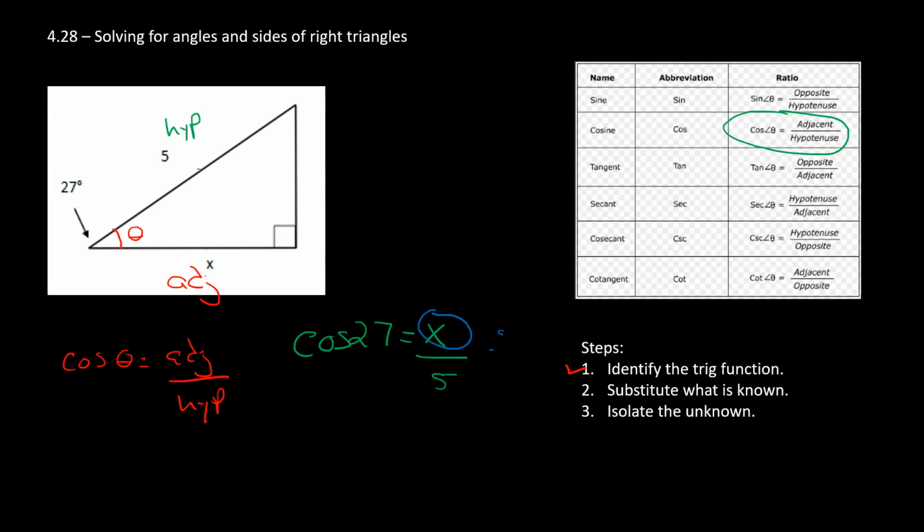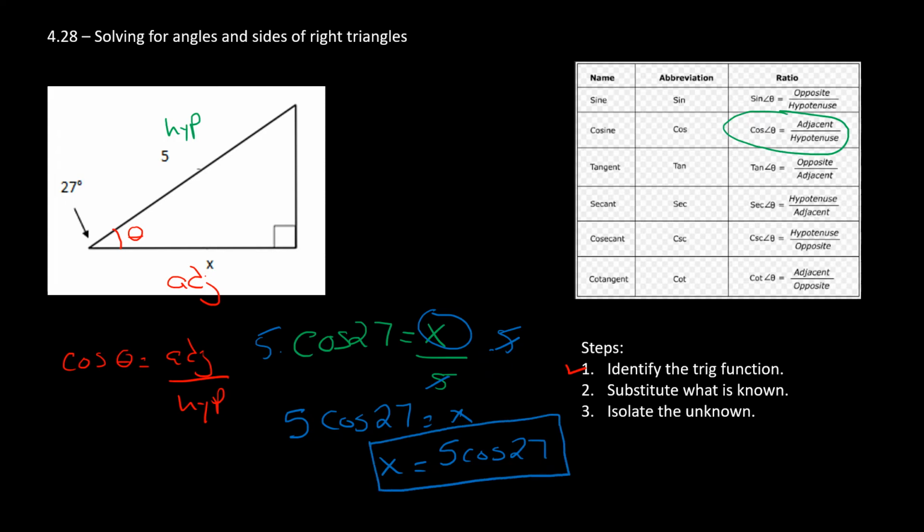To do that, we need to multiply both sides by 5. So we're going to have 5 cosine of 27 equals x, these simplify out, or you could rewrite it as x equals 5 cosine of 27. And that is your answer for the side of that adjacent value.